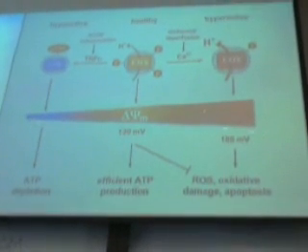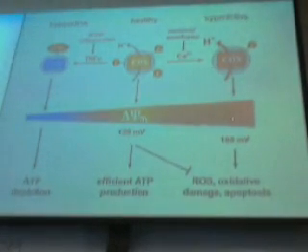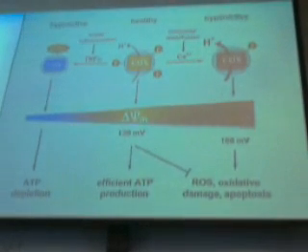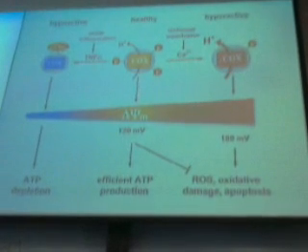That produces an enormous voltage across the membrane, okay, 180 millivolts. That is what causes the production of superoxide. That then destroys the tissue and causes cell death.